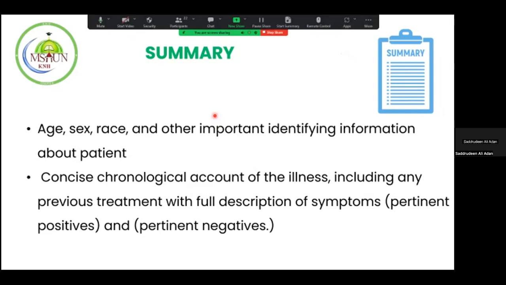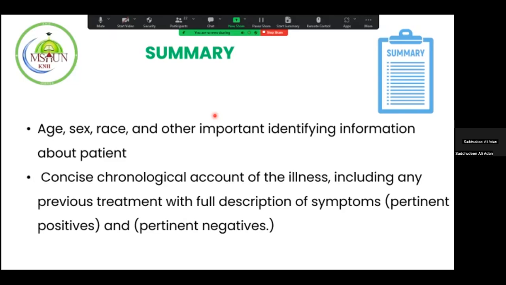I know people are confused, they say the general examination comes first. But consultants always like the summary first, then you go to the general examination. Because if you go straight to the general examination, the consultant will think that you didn't write a summary. That's how you lose marks. So make sure you put a summary.